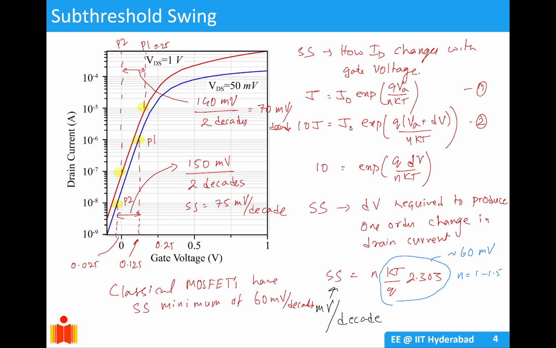Then I write 10 I equals I naught exponential q (Vg plus dV) by nkT, that is, when my current becomes 10 times at the addition of a dV voltage. Now I divide this, I get 10 equals exponential q dV by nkT.